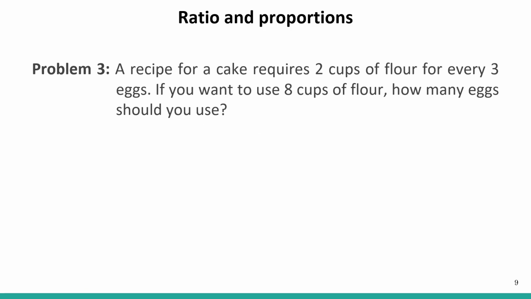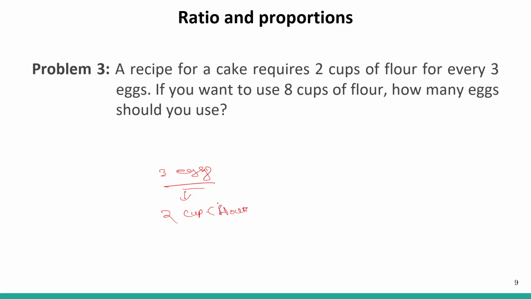So let's see problem number 3. A recipe for a cake requires 2 cups of flour for every 3 eggs. So if you have 3 eggs, then it requires 2 cups of flour.